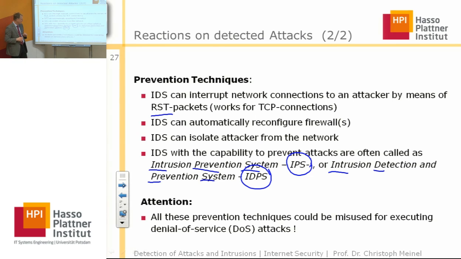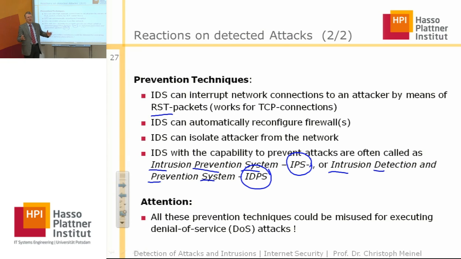But attention, all these prevention techniques can also be misused by the attacker, for example, by running denial of service attacks. I mentioned this already when we discussed concrete attacks, that one goal of the attacker could be to bring such an intrusion detection system to break down, or let it raise an alert and perform such activities like cutting connections.